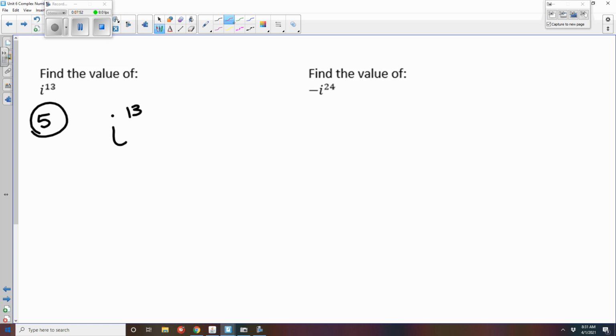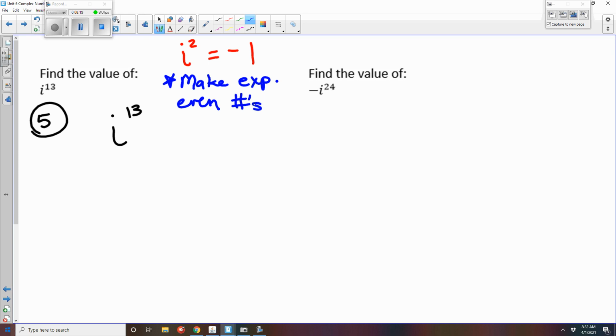So this is where knowing what i squared is helps out. What is the value of i squared? -1. Now, because this is a square, we want all of the exponents to be even. So we're going to make the exponents even numbers.